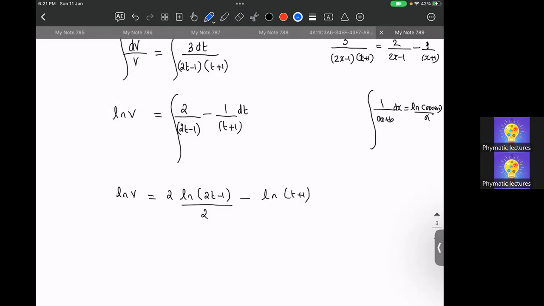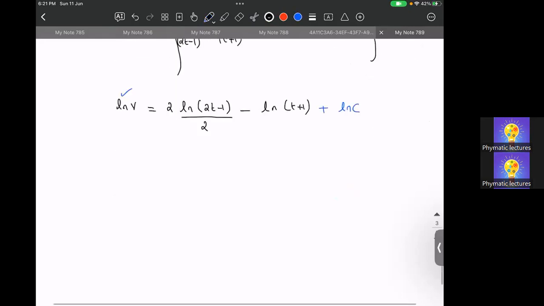Now you can see here, both left hand side and right hand side, all these terms are in terms of ln. So anyway, we need to add a constant. So I'm just adding a logarithmic constant to synchronize with these terms. So I'm just putting ln c here. 2 got cancelled. What we will get? Ln v as ln of (2t minus 1) minus ln of (t plus 1) plus ln c.